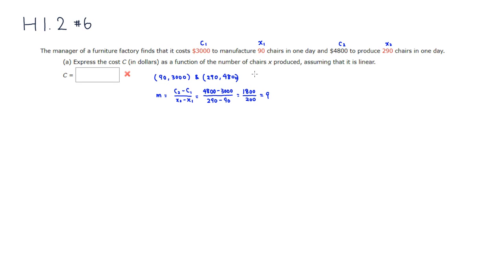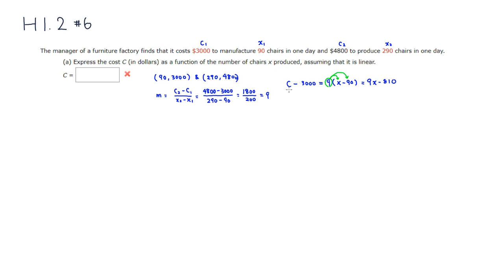Using the point slope form, we can write it as C minus C1, where C1 is 3,000, so C minus 3,000 is equal to the slope 9 times quantity x minus x1, which is 90. I'm going to go ahead and distribute the 9 to x and negative 90, so this is equal to 9x minus 810.